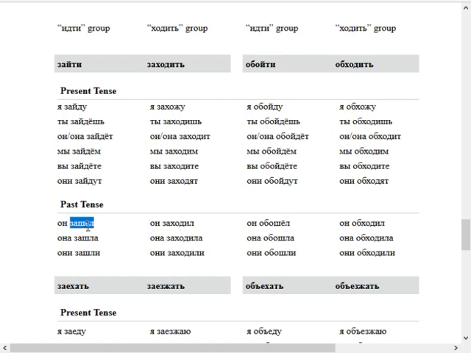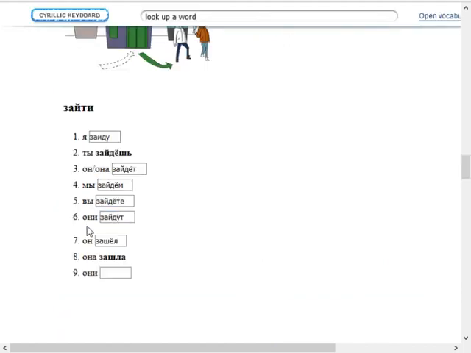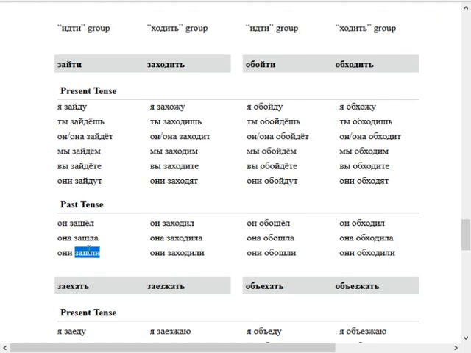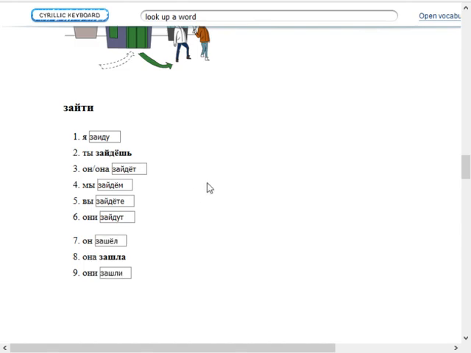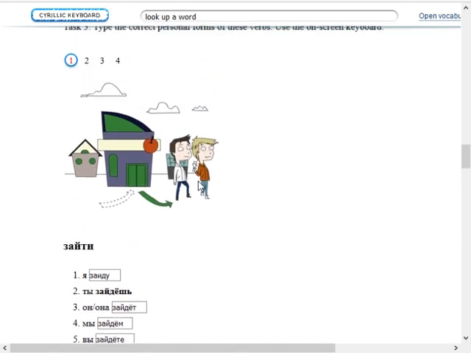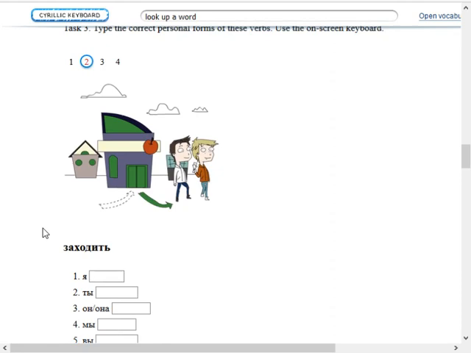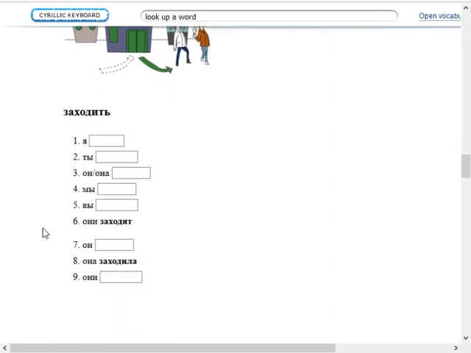Past tense forms are он зашел, она зашла, and они зашли. So, fine. And then заходить. Same thing, except now it's multidirectional instead of unidirectional.